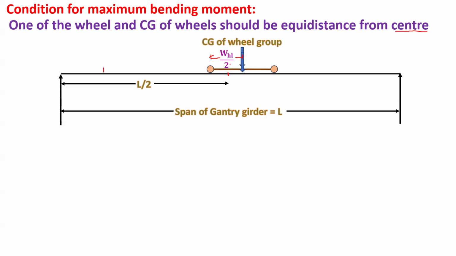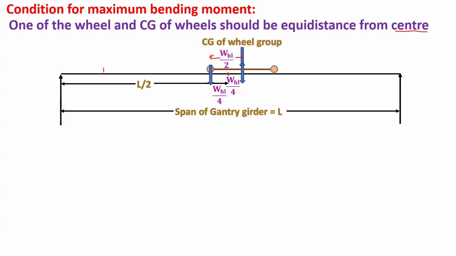Now what is our condition? We have the CG of the wheel load and one of the wheel loads should be equidistant. So the distance between these two is WHL by 2, and the distance from the CG to each of the two should be equal. Means we have WHL by 4, and WHL by 4. So now we are with this condition.